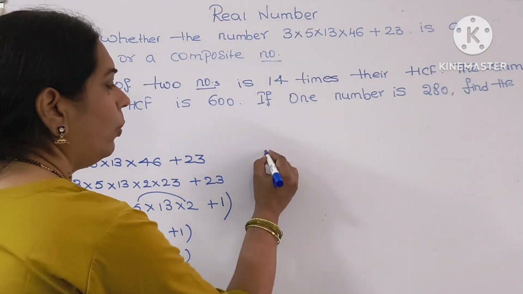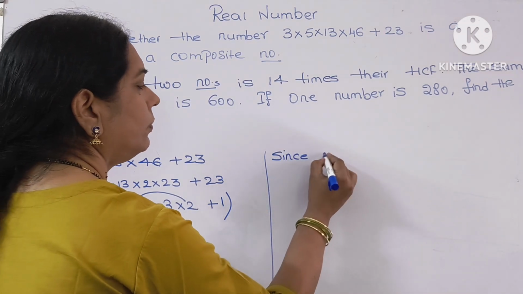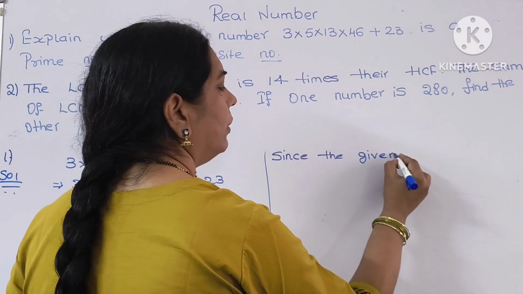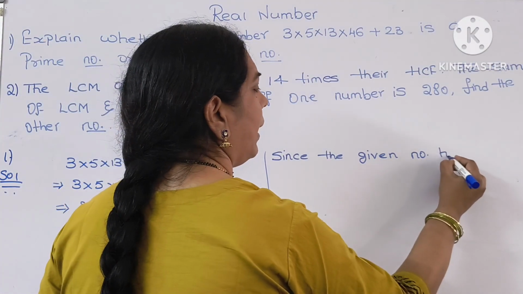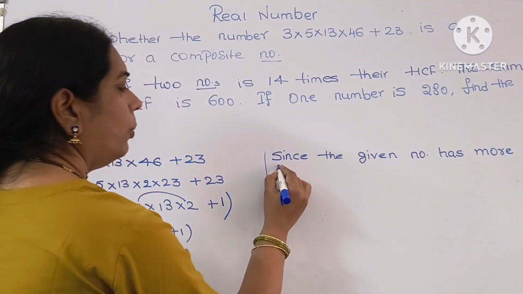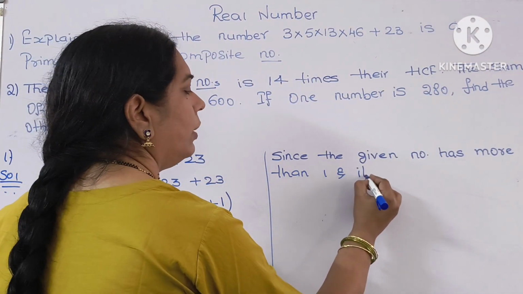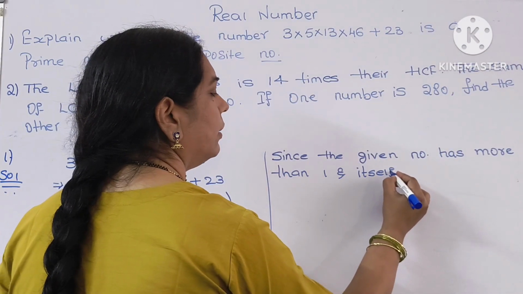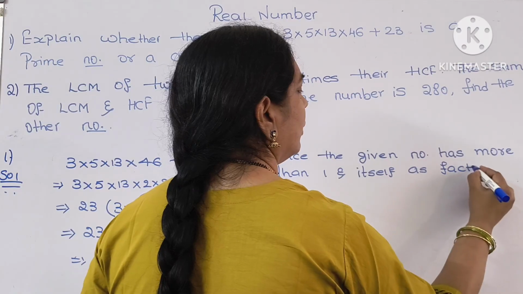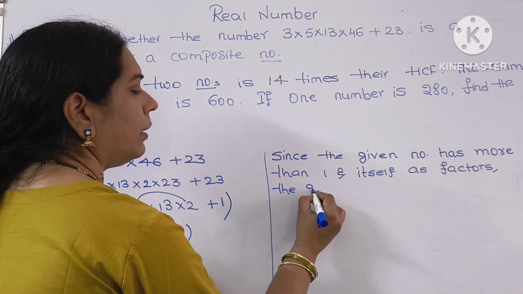So how do we write it? We write: since the given number has more than 1 and itself as factors, the given number is a composite number.